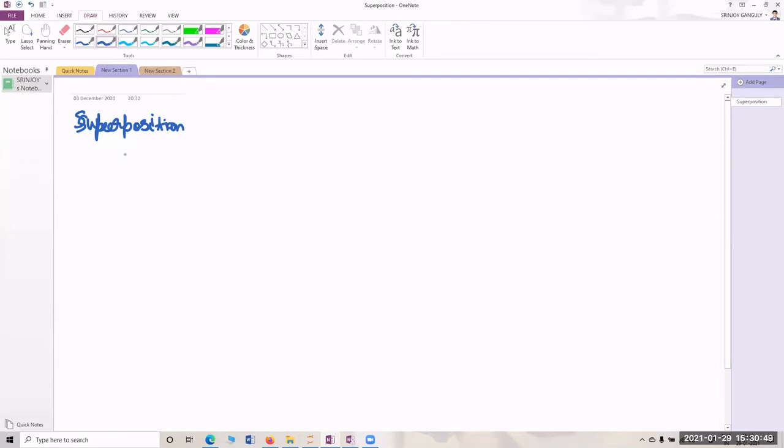In superposition, you have this state and a coefficient associated with that quantum state. Then you have another state and another coefficient, and these are normalized. I'm skipping the normalization for now, but they are normalized.